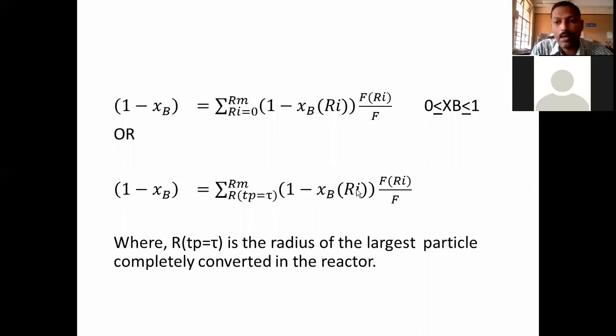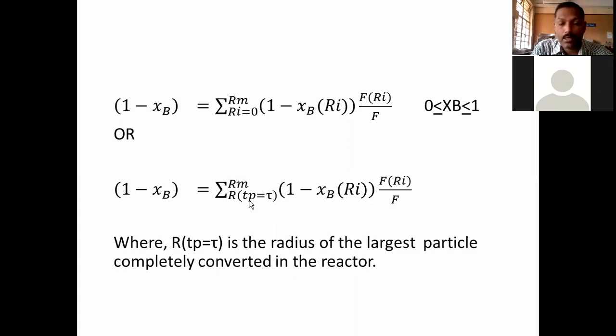Only 10 mm and 15 mm. The 5 mm will be completely converted, so we can't take the 5 mm particle in the summation. If you take it, the summation is wrong and the fraction will go above 100%.